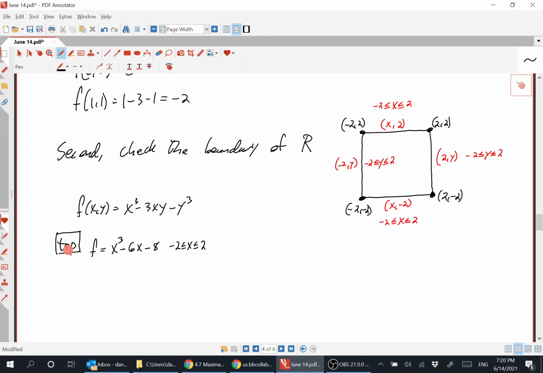A single variable function on a bounded interval. How do you find the absolute maximum and minimum of a single variable function on a bounded interval? From Calc 1, how did you do that?